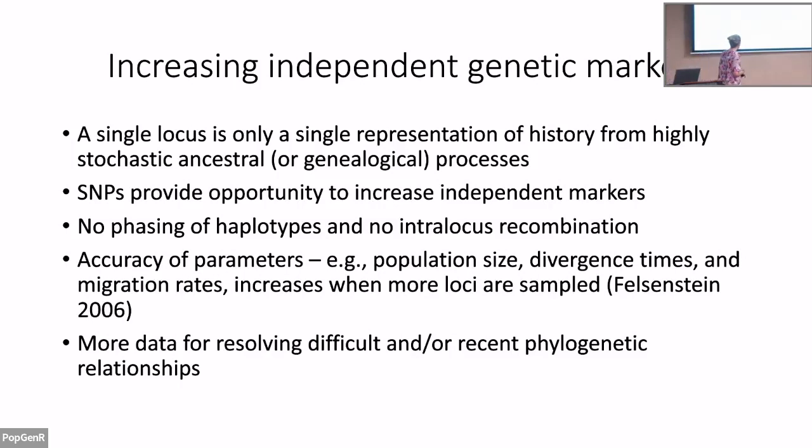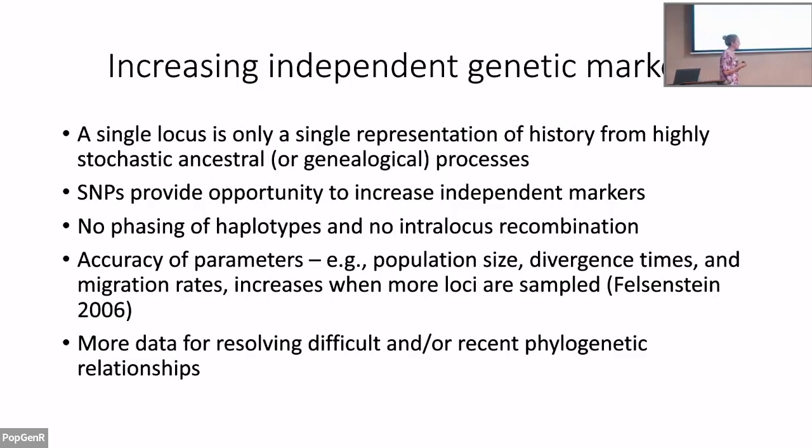We don't have to phase the haplotypes. So we can get great accuracy for some of the parameters in terms of population size, etc., with more markers. And we get more data for resolving those difficult and/or recent phylogenetic relationships.